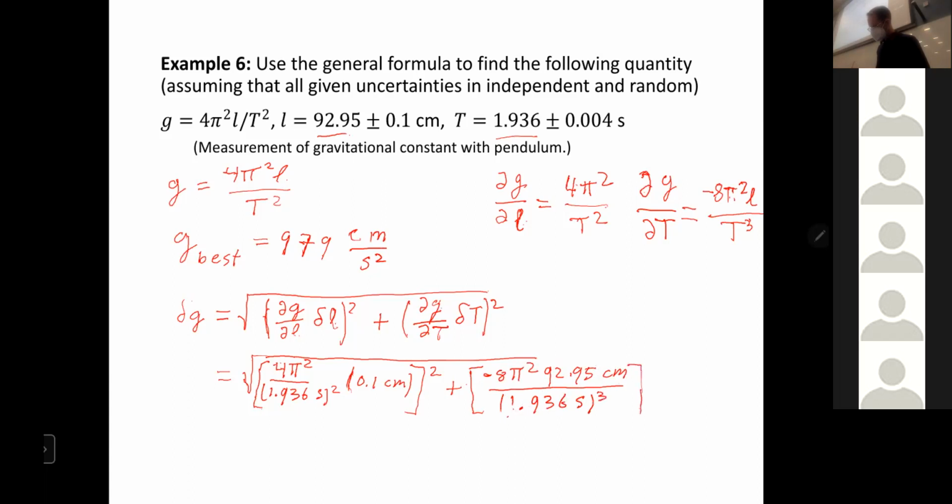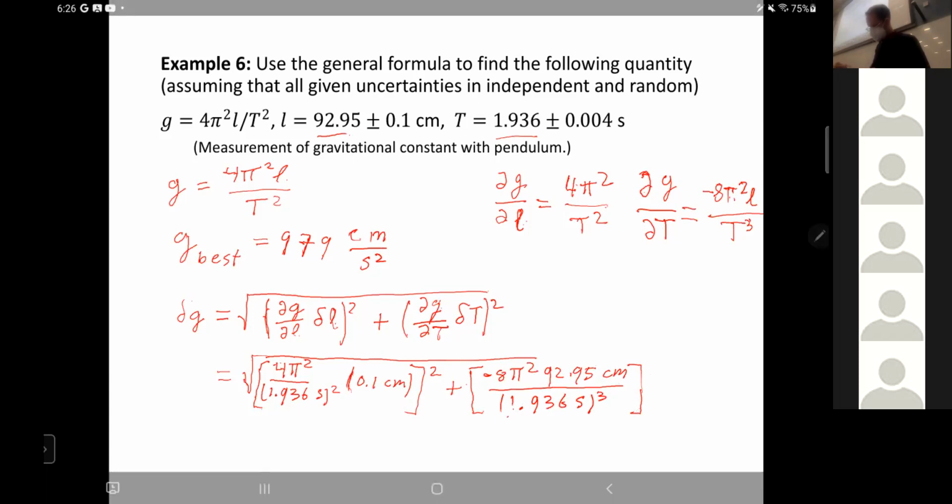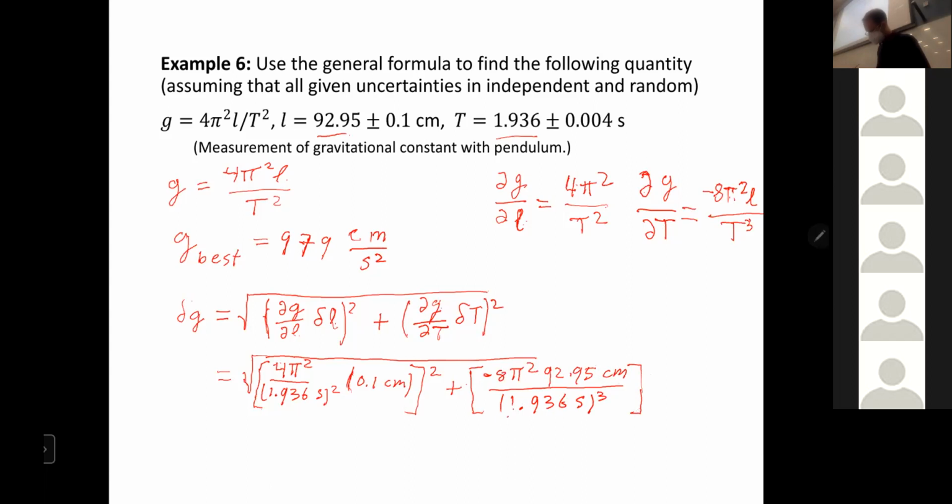And then this whole term here, oh, sorry, I forgot to multiply by the delta t here. So delta t was 0.004.